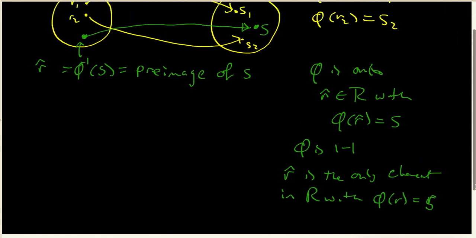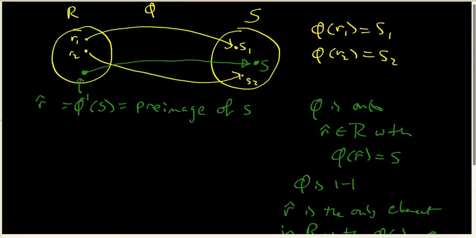Now, what this means is that if we think about this, we can essentially turn all of these arrows around the same way we turn that green arrow around to find the pre-image of s.